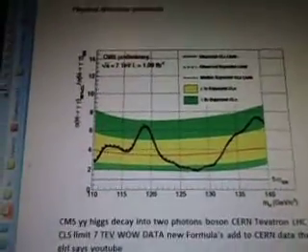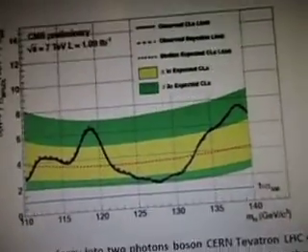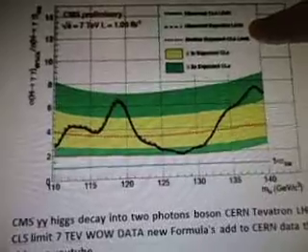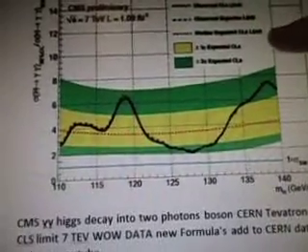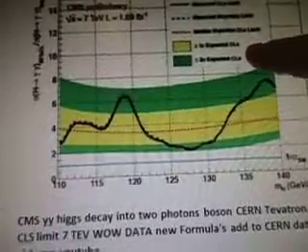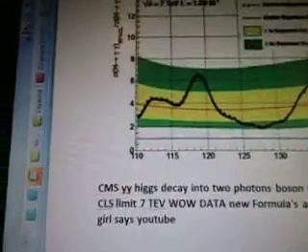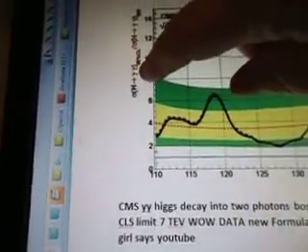up comes this graph from CMS preliminary. It says observed CLs limit, observed Bayesian limit, median expected CLs limit, plus or minus 1, plus or minus 2. And there's the graph with the different lines that match up with this. And this is H to gamma gamma.